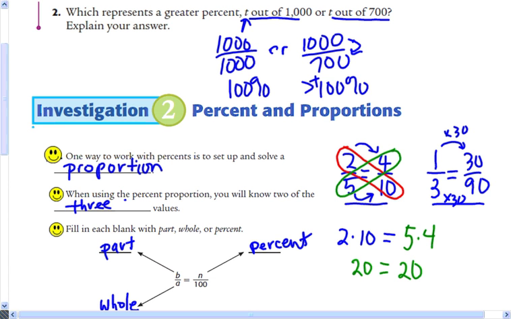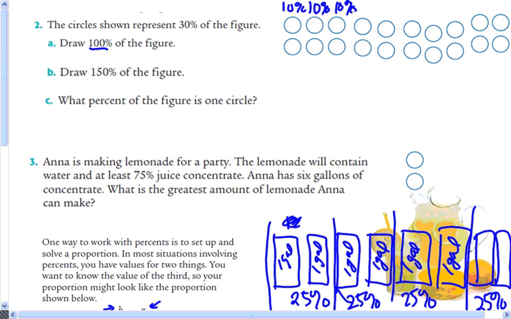So in this proportion, 1 times 90 is equal to 3 times 30. Now, here's how we can use that to solve a problem.